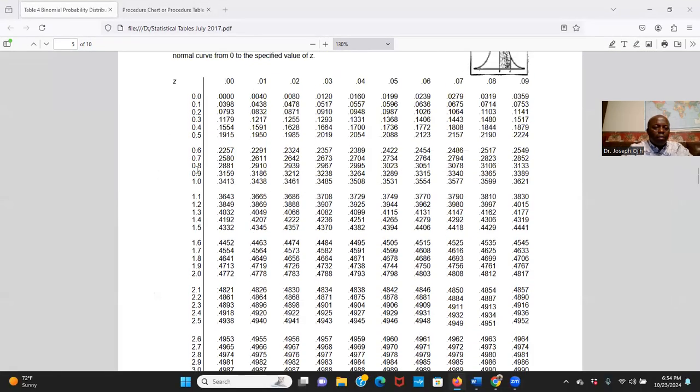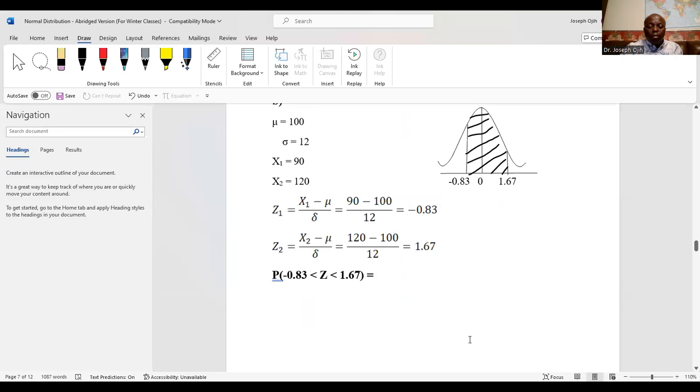So 0.8 right here, it goes under 3. See 3 right there. I got 0.2967. Plus, now the next thing is to get the other one, which is 1.67.